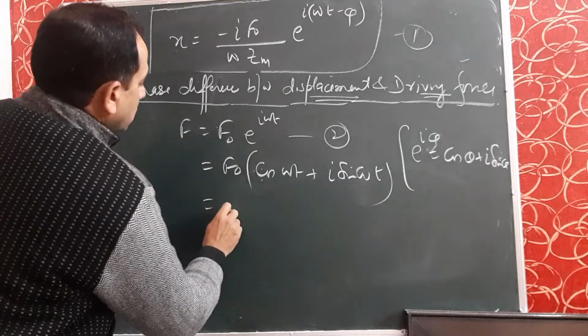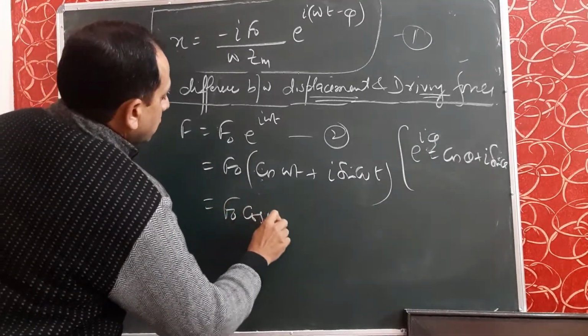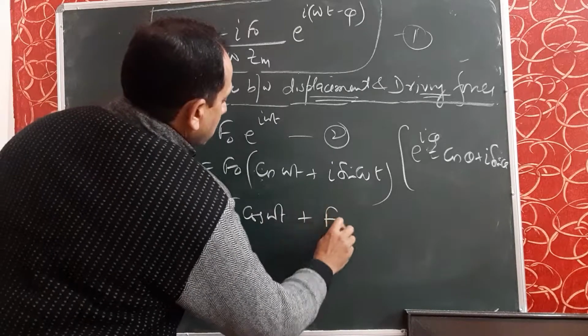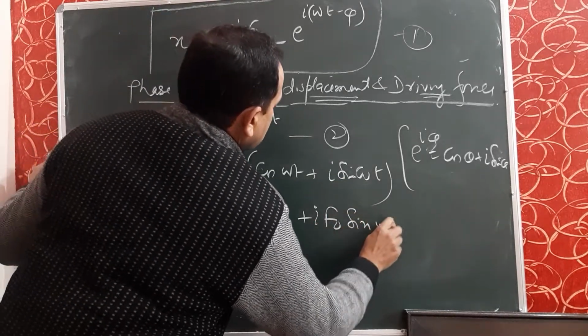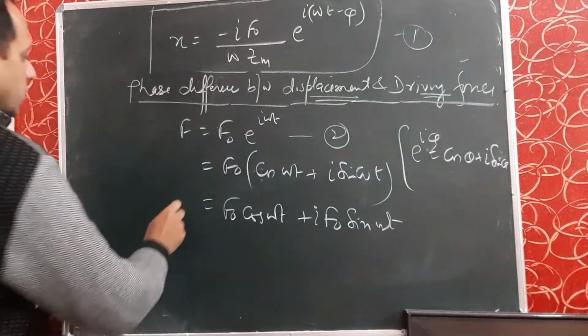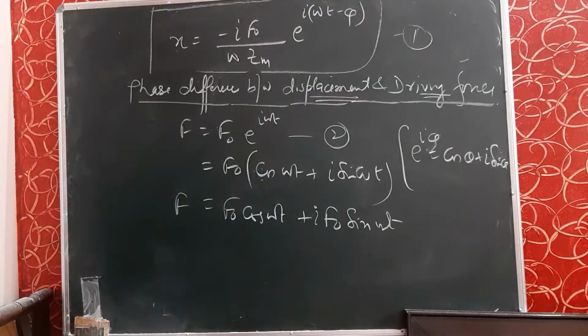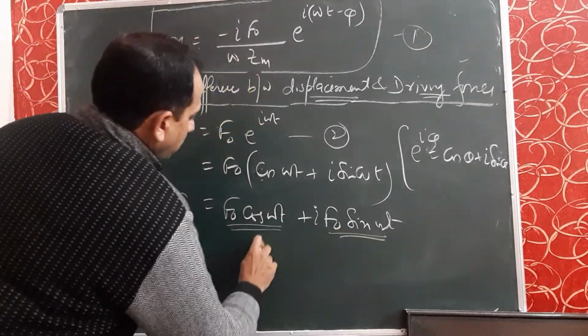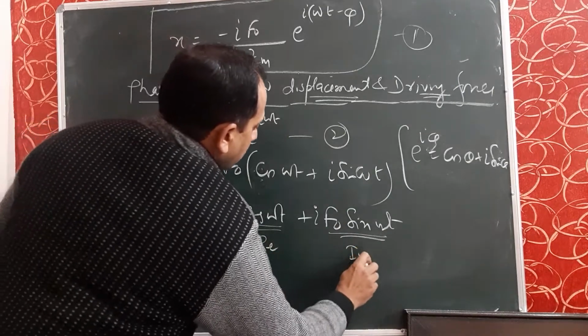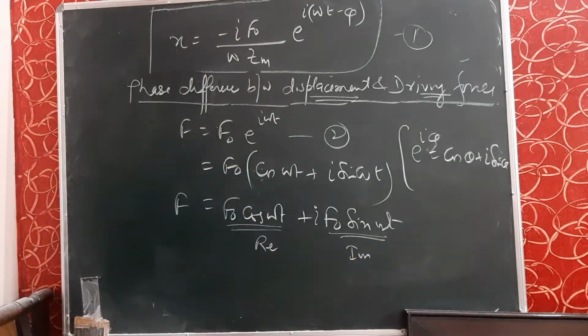So it is F naught cos omega t plus iota F naught sin omega t. So this is the expansion of this force. This is the real part and this one is the imaginary part of the force.